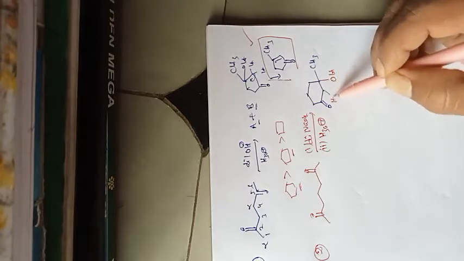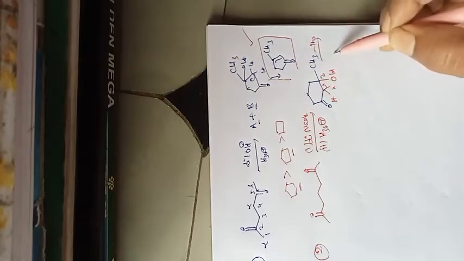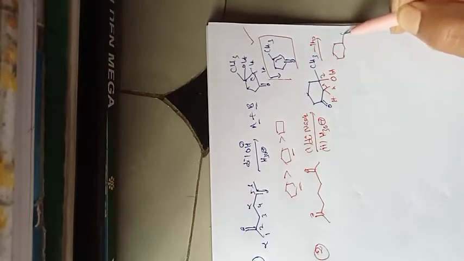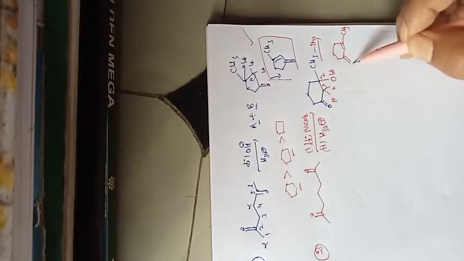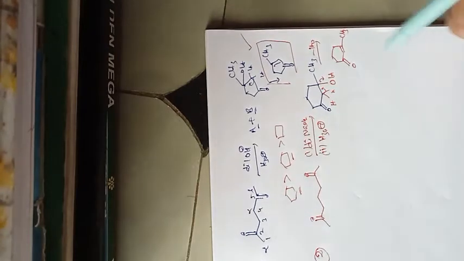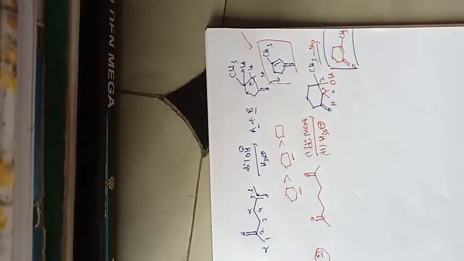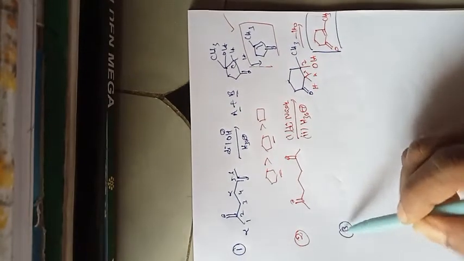Because of the hydrogens here and dehydration, it gives a 6-membered ring, with CH3 and C double bond. So in this case a 6-membered ring is formed. The 6-membered ring is excellent, a highly stable compound.